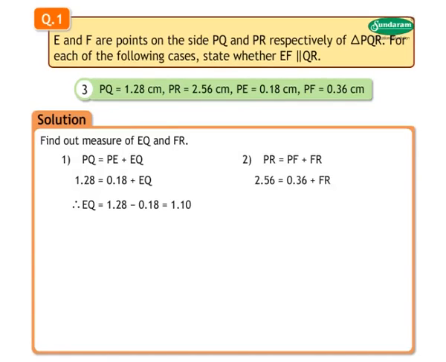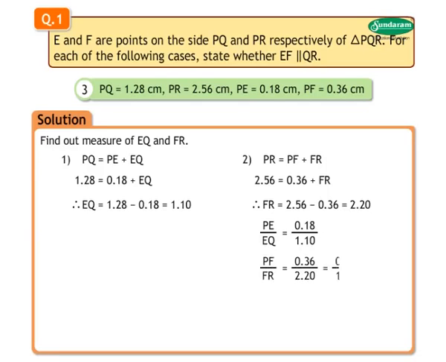2.56 is equal to 0.36 plus FR. Therefore, FR is equal to 2.56 minus 0.36, which is 2.20. Now, PE upon EQ is equal to 0.18 upon 1.10.